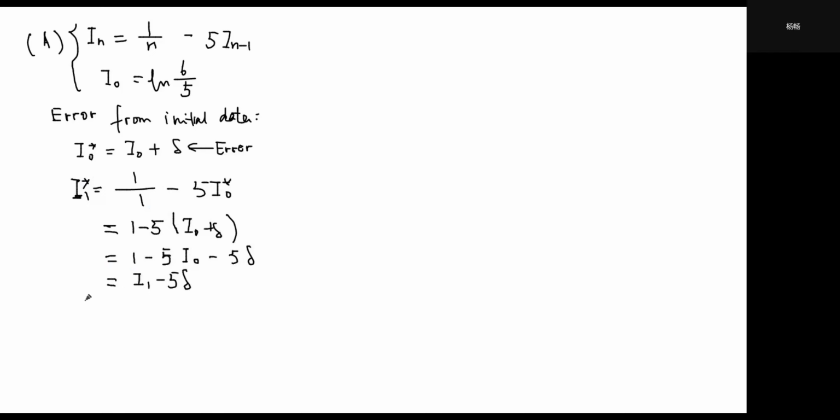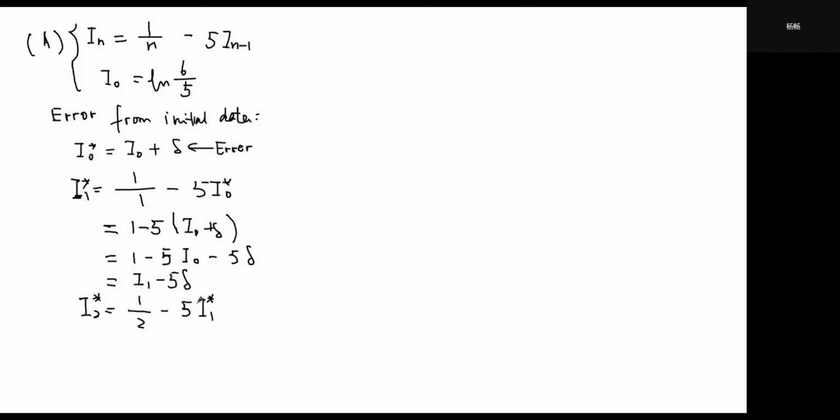Okay. So you can continue to compute I_2 star, the approximation of I_2. Use again such a recursive formula. You get 1 over 2 minus 5 times I_1 star.